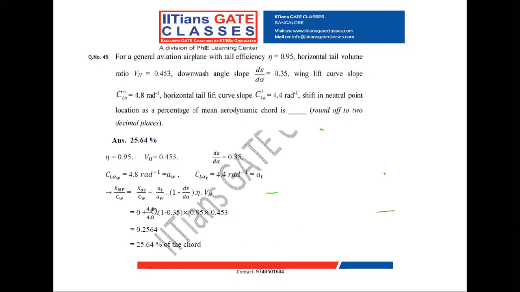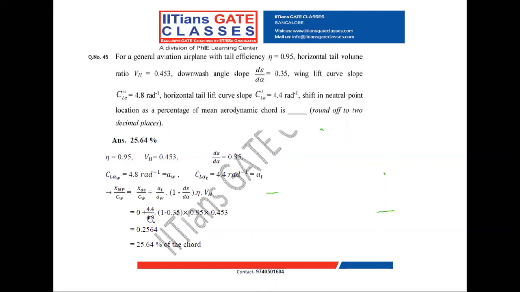XAC by chord, that is the aerodynamic center with respect to the chord of the wing, is not given. Since the value is not given, we can take it as 0.